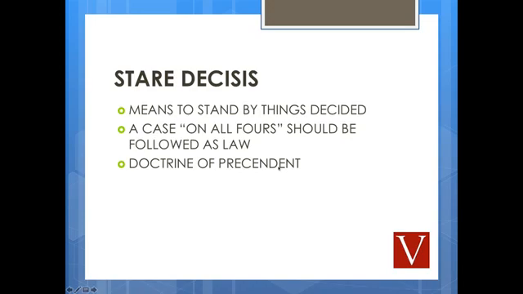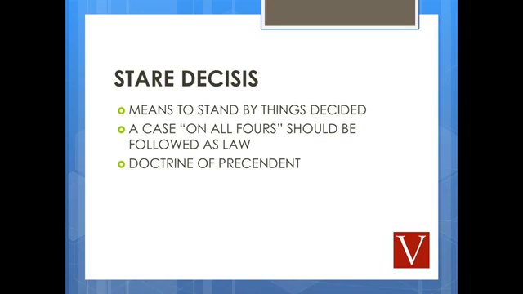All right, we're getting down to the end. Stare decisis, this is kind of what our legal system is all based on. The doctrine of precedent. If we've already heard a case about Roe versus Wade, and we've already established what the rule is, the precedent is what it says it is. It's the trimester approach, as I recall.